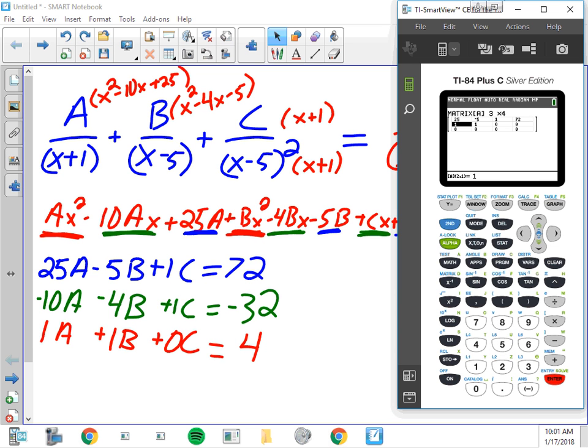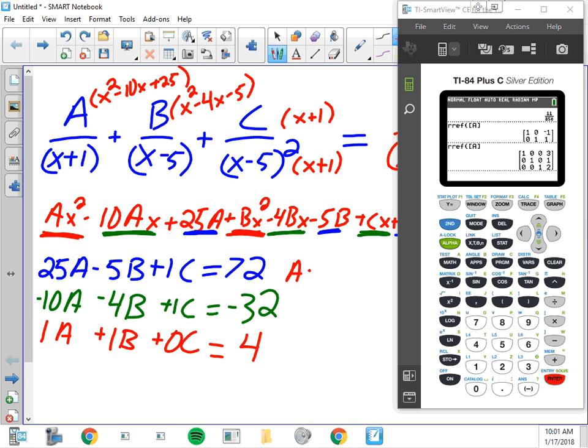And then negative 10, negative 4, 1, and negative 32. And 1, 1, 0, 4. And then do RREF. And I end up with A equals 3, B equals 1, and C equals 2.